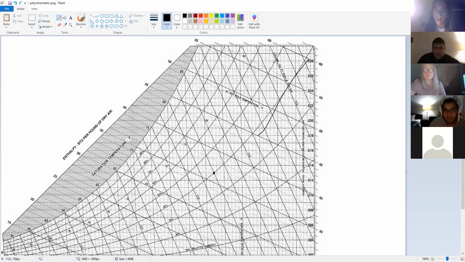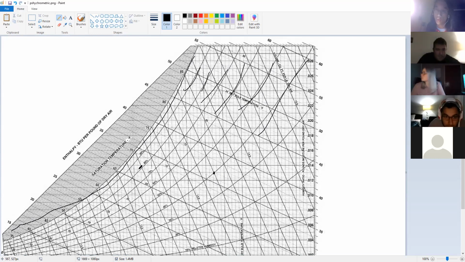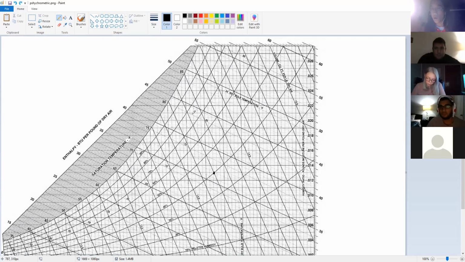Relative humidity, you see all these exponential graphs. This line right here is 100% relative humidity. You cannot physically add more water into it. You could raise the temperature, so you could add more water, but that would lower the relative humidity. 100% saturation, you cannot physically add more water at that temperature at that state.